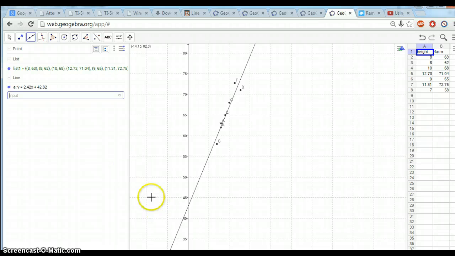What the computer did, and so does your calculator, is give you the line that best fits that.